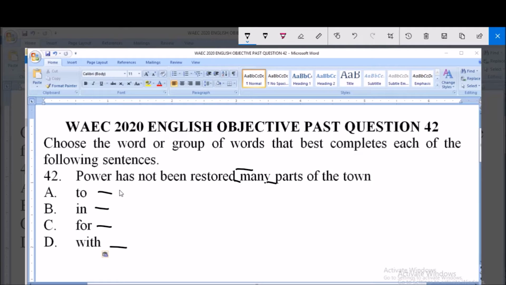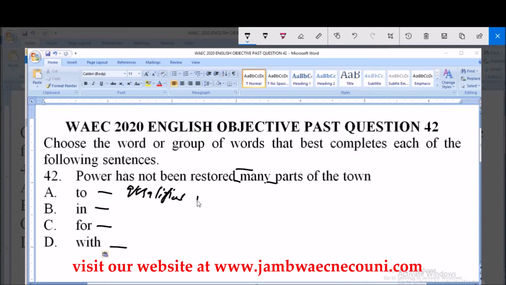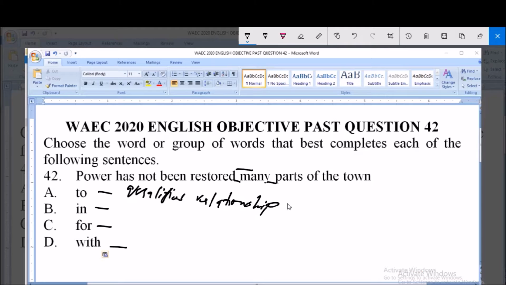So we cannot say power has not been restored to many parts of the town. The preposition "to" qualifies a relationship, not position.